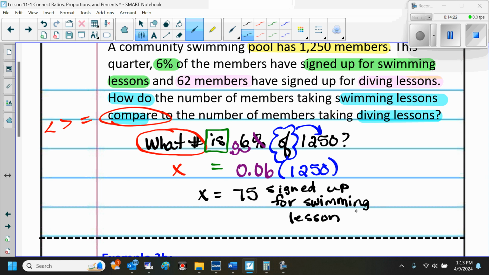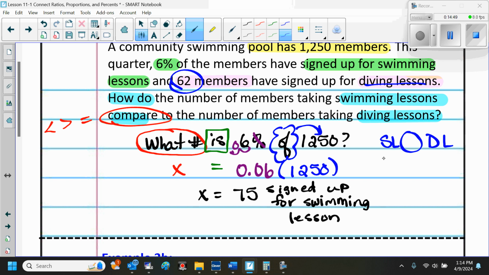Now we have to compare. What are we comparing to? 62 members. Right, 62 for diving. So here we're just going to write, this is going to be swimming lessons compared to diving lessons.